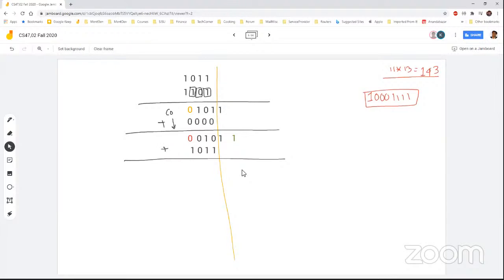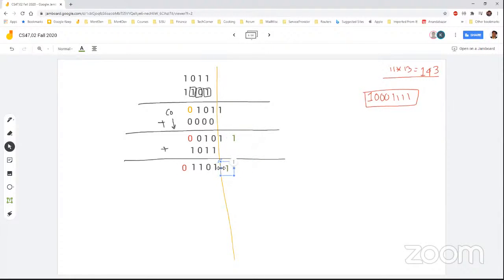So it will give me 1, 0, carry forward 1, which will be 1. Let me see, 0 plus 1, 1, 1, 0, 0, 1, 1. And my carry out would be 0 in this case. And we have these two.